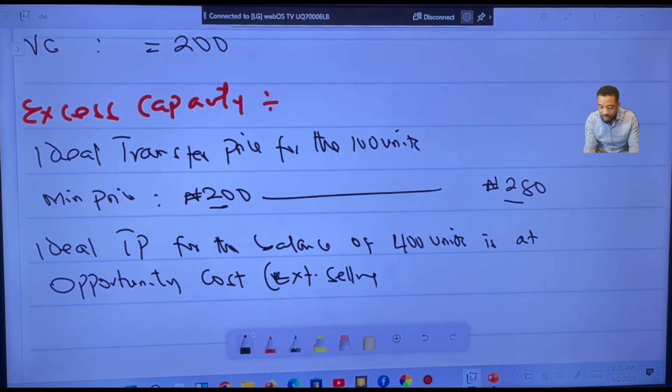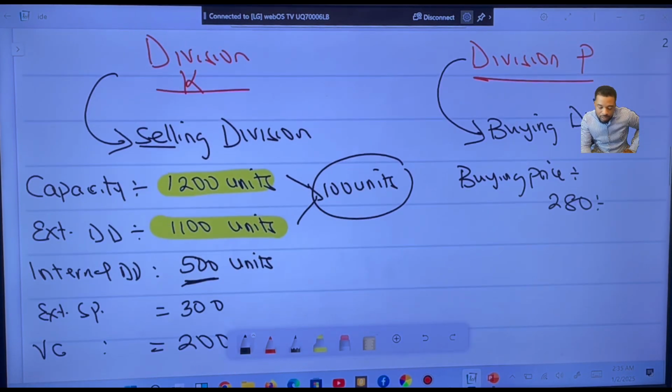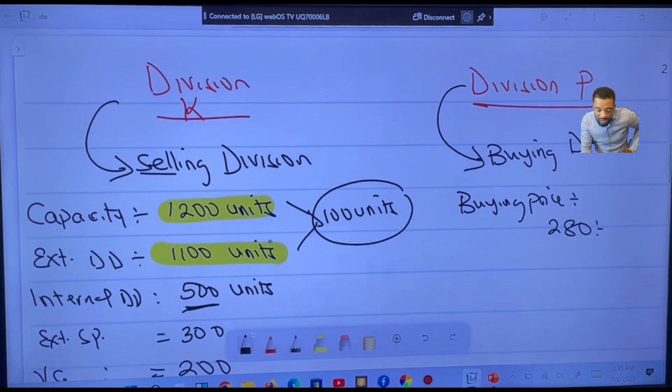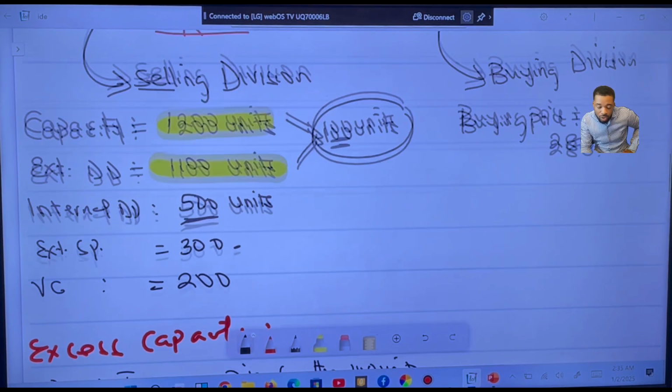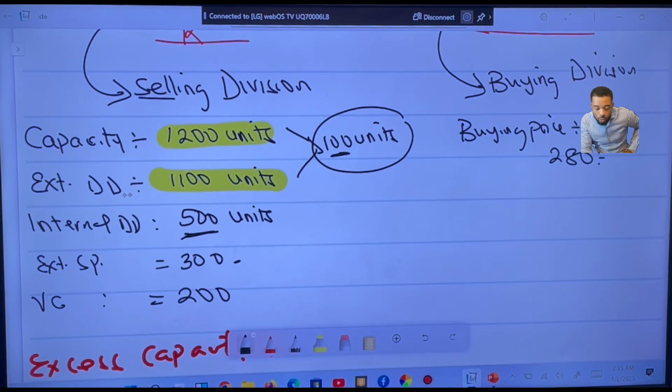The reason is simply because if this division K sells anything outside this 100 units below this external price, their profit will actually fall. Why? Because external market is willing to buy as much as 1,100.